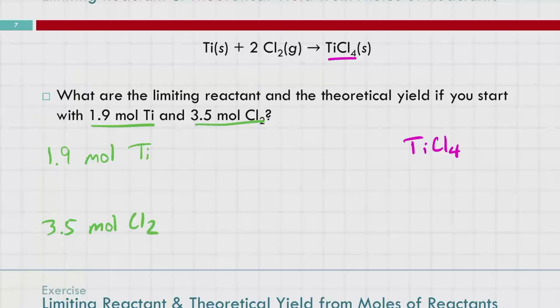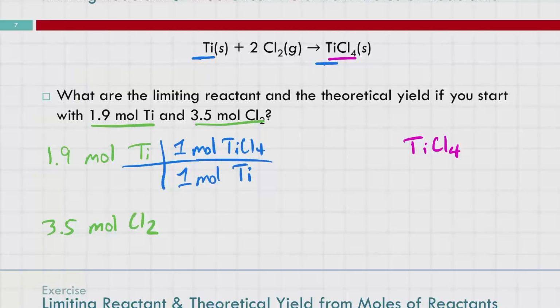So we need to know what's our ratio of, in this first one, titanium to TiCl4. Our ratio, if we look at the numbers in front of those chemicals, there's no number there. That means there's a 1. So it's a 1-to-1 ratio. Our conversion factor is going to be 1 mole TiCl4 over 1 mole Ti.